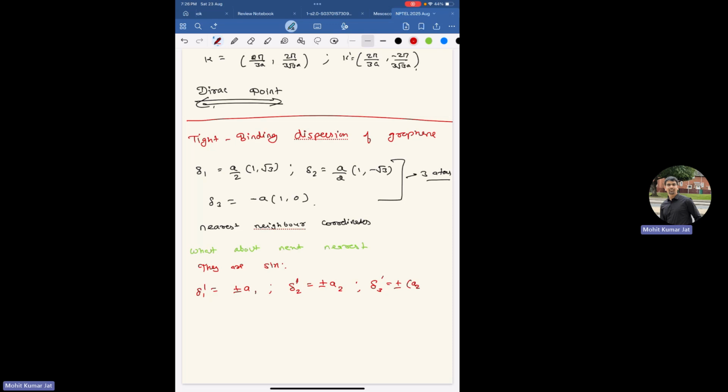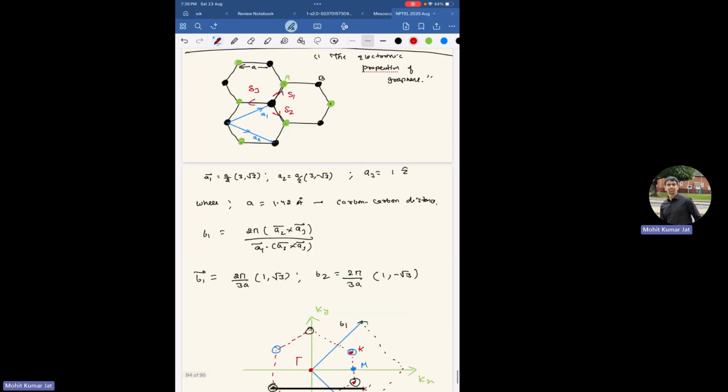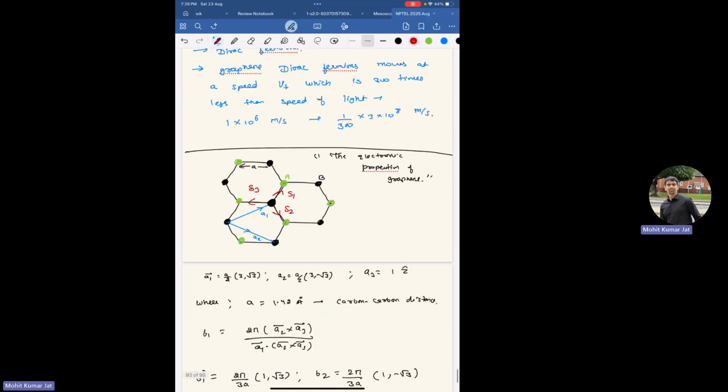Where are they? So they are these ones. The next nearest of this one is this one, this one, this one, 3, 4, 5, 6, these black atoms, they are the next nearest.